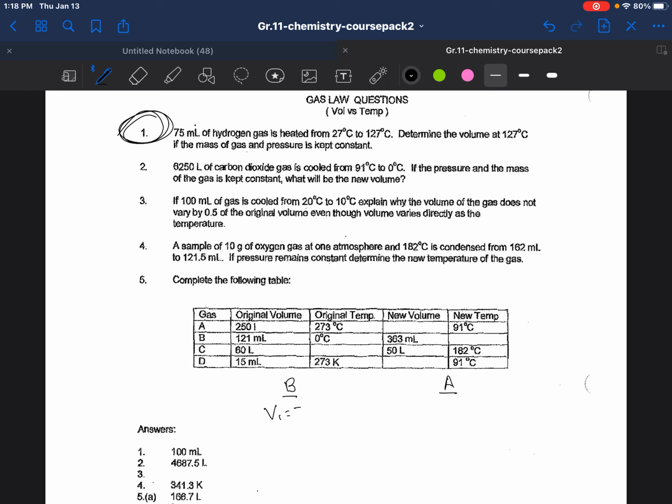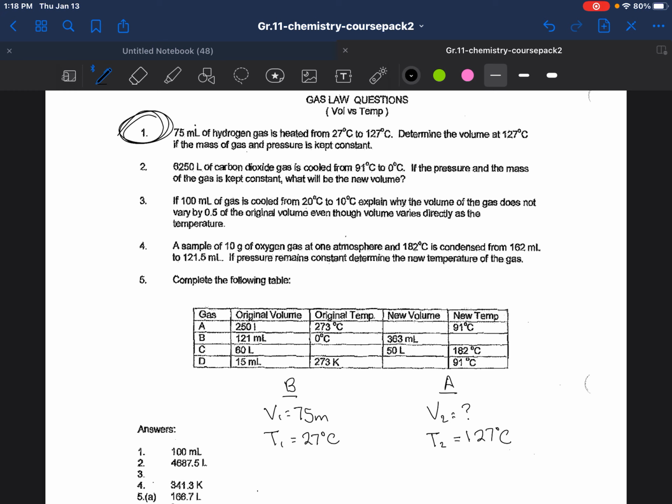Volume before is 75 milliliters. Volume after is something I want to find out. Temperature initially is 27 degrees Celsius, and temperature finally is 127 degrees Celsius. Now be careful here. You can't work with Celsius.